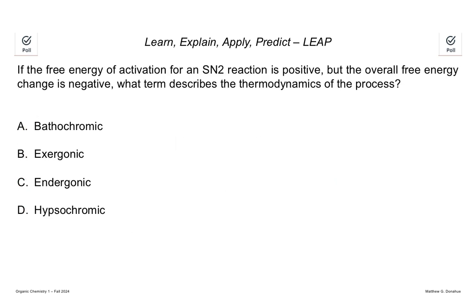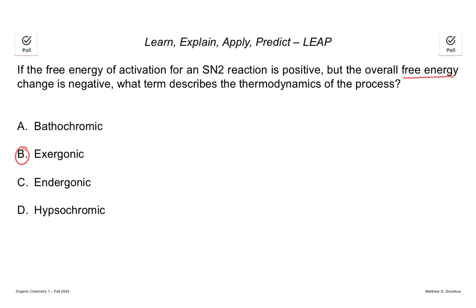So in the reaction coordinate, it says the free energy of activation is positive, but overall the free energy change is negative. What term would best describe that process? So this is B. Again, with free energy, we're using the terms exergonic and endergonic.